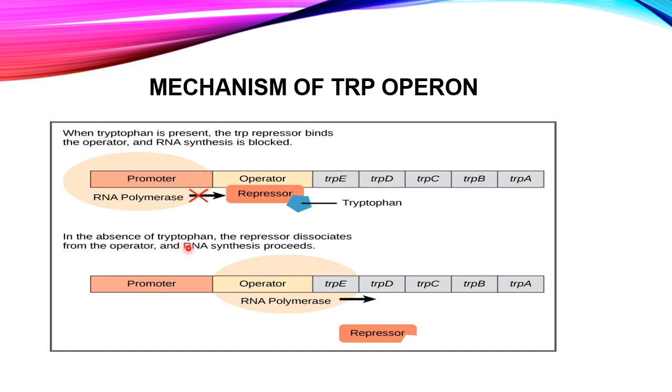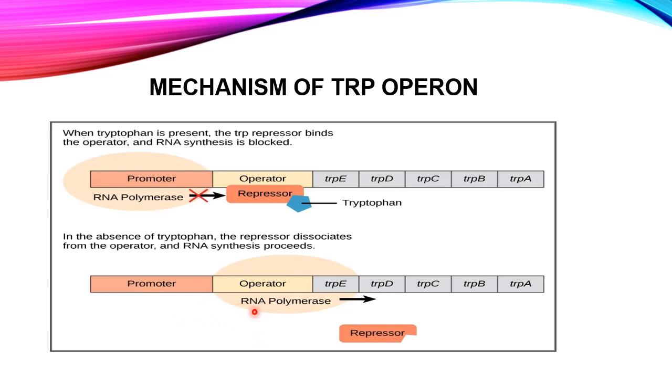Tryptophan is considered a co-repressor. When the tryptophan is absent, it cannot bind to the repressor, and the repressor is inactive. Therefore, the repressor is not binding to the operator region.